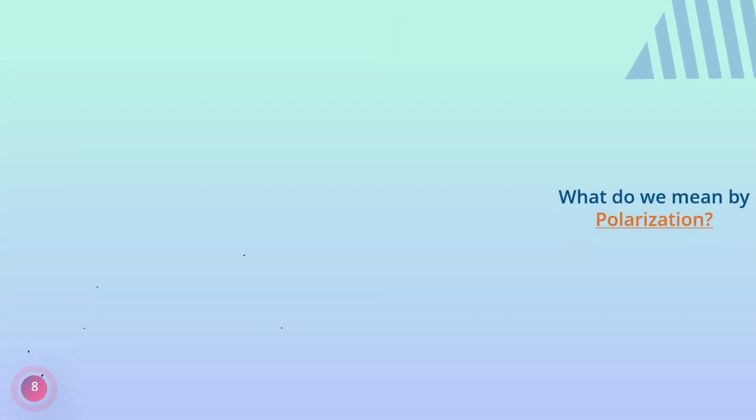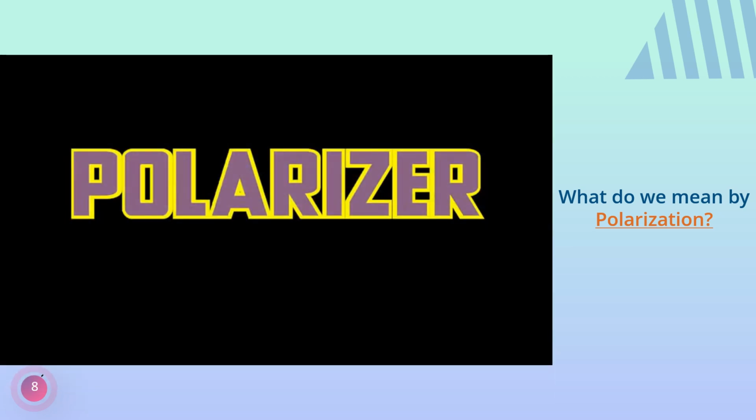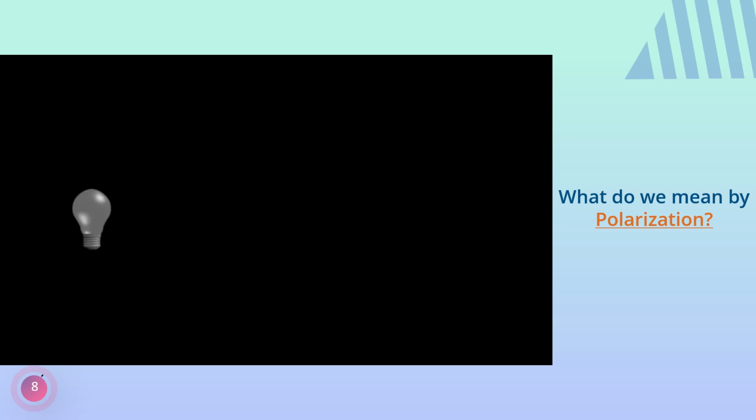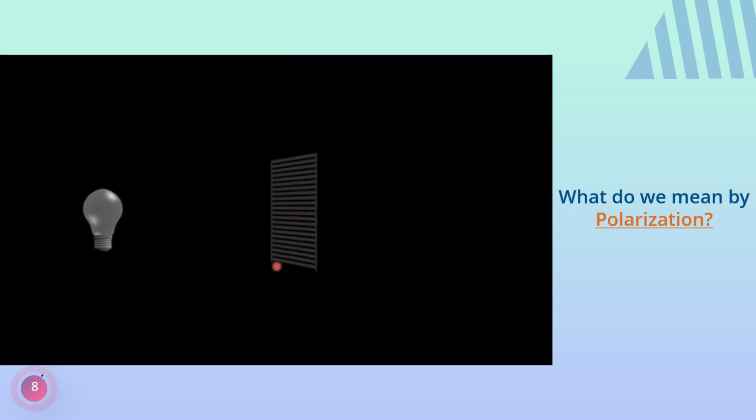After knowing about polarization and having some idea about it, let me introduce this video to you, which shows polarization in 3D animation. I hope it will make it more clear for you. So this is light, and the light emitted from the bulb is unpolarized. This is a filter, or we can call it a polarizer.